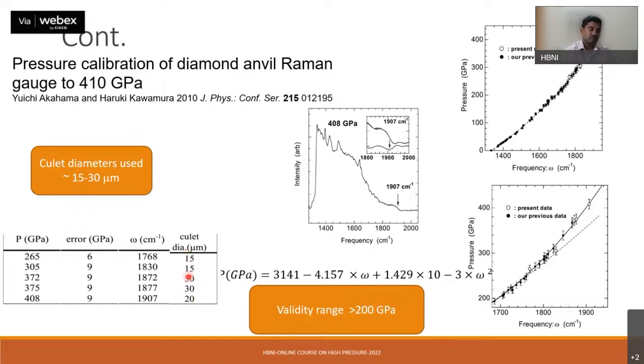To achieve this kind of pressure, and then to characterize the samples which you synthesize at this kind of pressures, you really need very, very bright sources and very good Raman systems with very fine spatial resolution. This is work from Akahama and Kawamura in 2010, where they calibrated this scale up to 410 GPa.